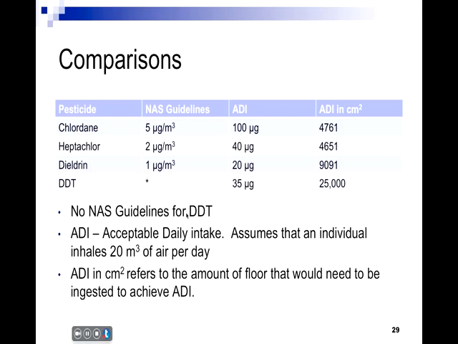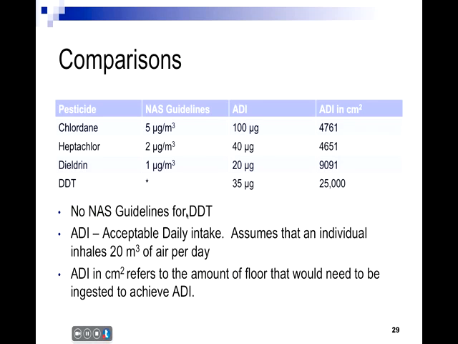The approach that I used was to say, okay, the National Academy of Sciences guidelines for chlordane, for example, say that you can be exposed to 5 micrograms per cubic meter. Now, how does that correspond to a dose? In other words, how much of that can get into an exposed individual's body?